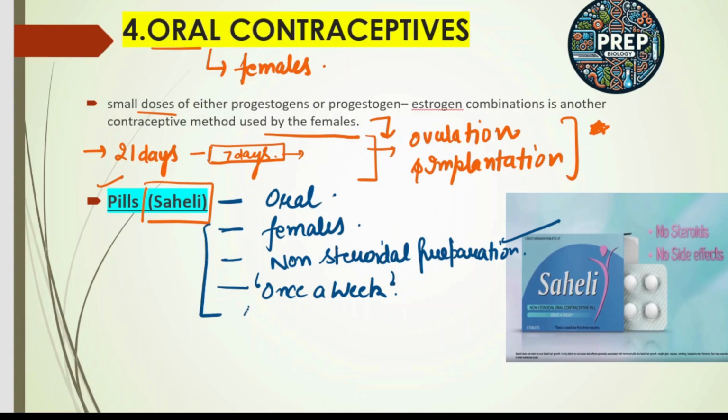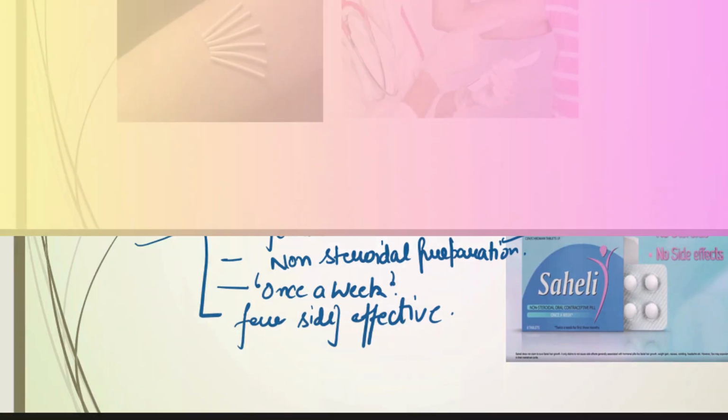So Saheli is a pill which is taken orally by females, containing non-steroidal preparations, taken once a week with few side effects but very effective. So this comes under oral contraception.